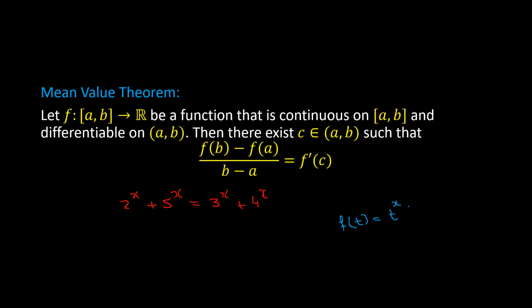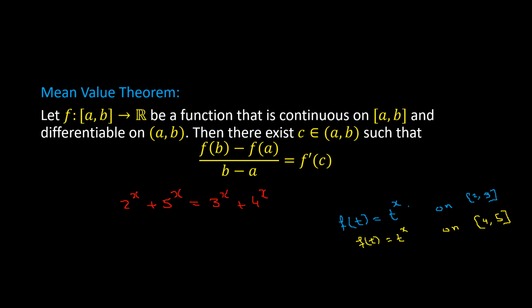Then this function satisfies the hypothesis of the mean value theorem on two intervals. One interval is 2 comma 3 and the other interval is 4 comma 5. So this satisfies the mean value theorem.